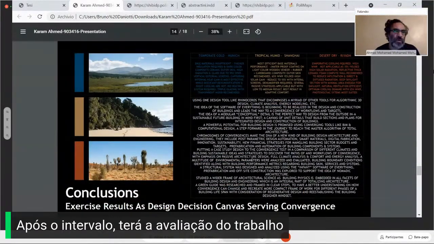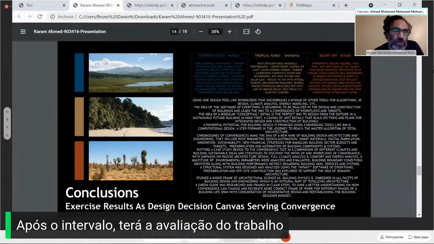Okay, so as a conclusion for the comparison, I did have a sort of tiny report, and it acts like a canvas for decision making.